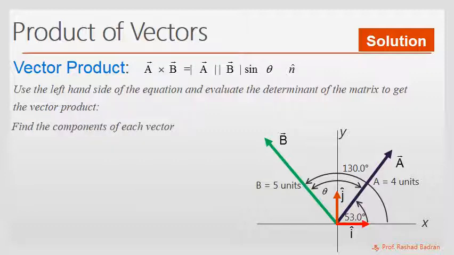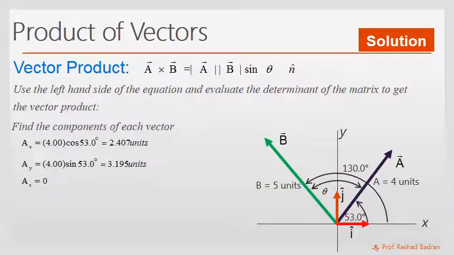The components of the vector a can be obtained directly using its magnitude and its angle of 53 degrees: the x component is 2.4 and the y component is 3.195.